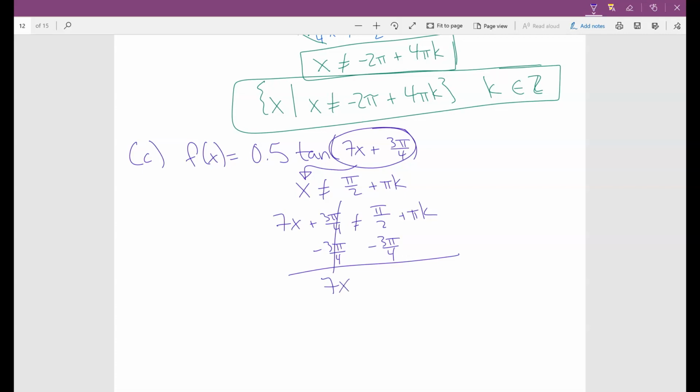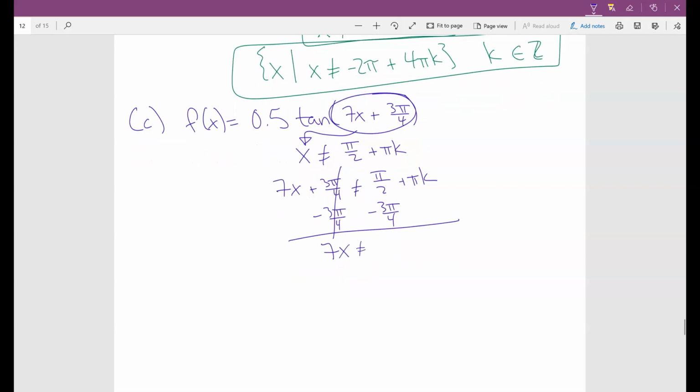So you have 7x is not equal to, and we're going to put that into our calculator, pi over 2 minus 3 pi over 4. That's going to give me negative pi over 4 plus pi k. And then finally, I'm just going to divide by 7. So we get x is not equal to negative pi over 28 plus pi k over 7.